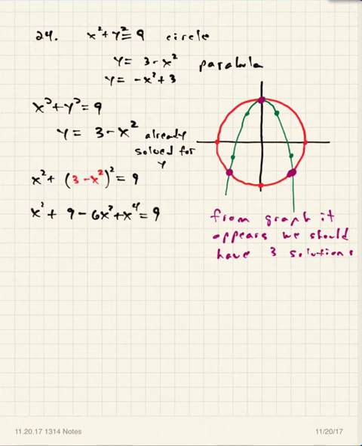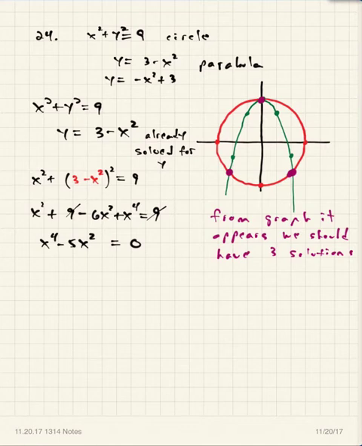And so notice you get an x to the 4th term in there. We get x to the 4th, and then minus 5x squared. And then notice the 9's actually cancel out. We can subtract 9 from both sides, and that's gone.